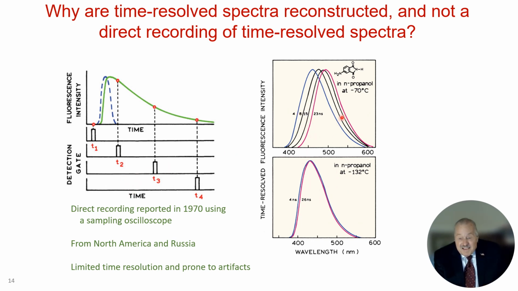And at a very low temperature, there was no relaxation. At a higher temperature, they observed relaxation. This method isn't used very much because it has limited time resolution. Most of the relaxation times we're going to look at are a couple of nanoseconds, and it's prone to artifacts, and time correlated single photon counting really replaced this more troublesome method. So it can be done, but it's not usually done.